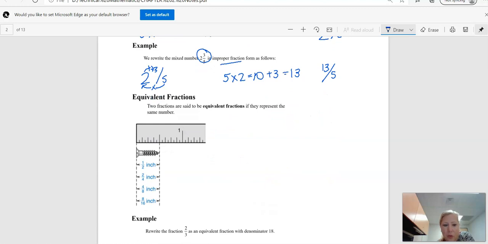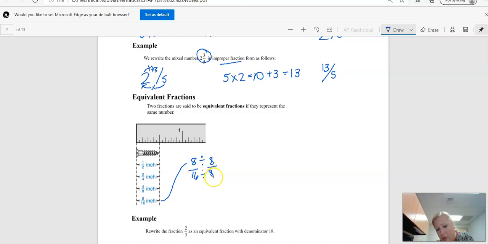Okay? Equivalent fractions. Two fractions are said to be equivalent if they represent the exact same number. So we've got some equivalent fractions down here. 8/16. I could divide the top by 8 and the bottom also by 8, right?